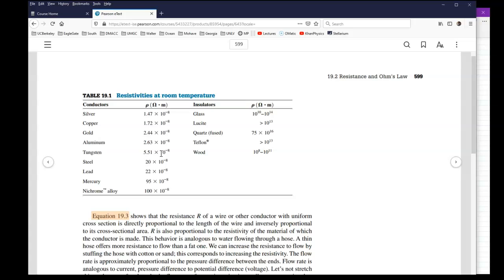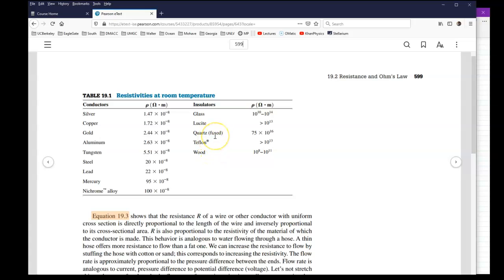You may have done the problem correctly, except that your resistivity coefficient is slightly different. So the best thing to do is maybe take a screenshot of this table and keep it on your desktop, so when you're doing a problem, you always come back to it rather than trying to find it through the book. That's just my advice.